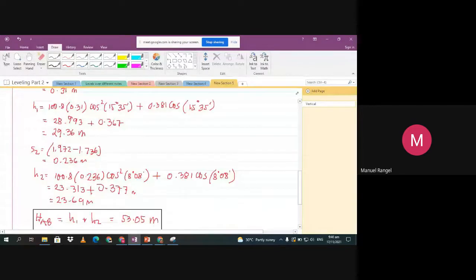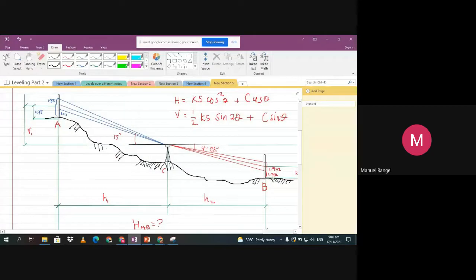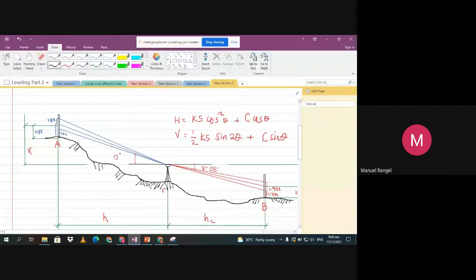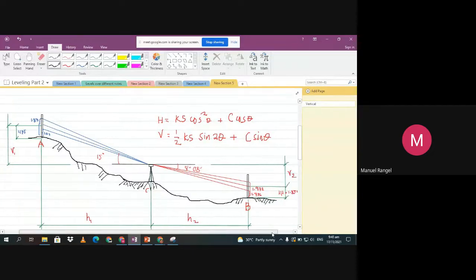Okay. So we have the values of V1 and V2. So the difference in elevation would be V1, plus vertical 2.